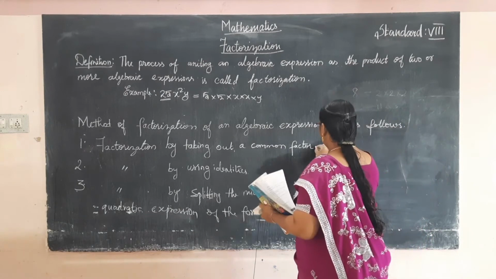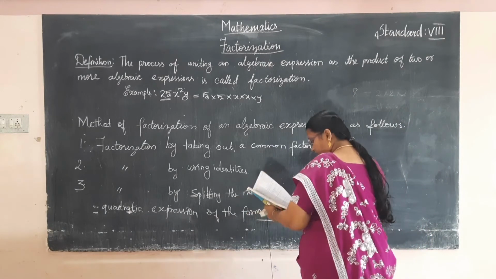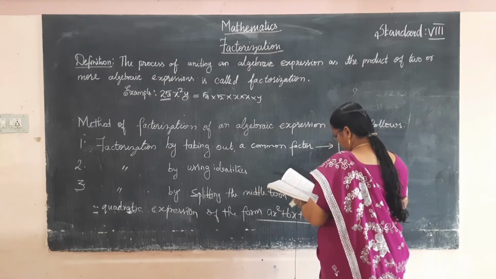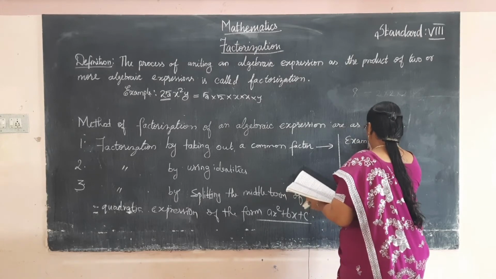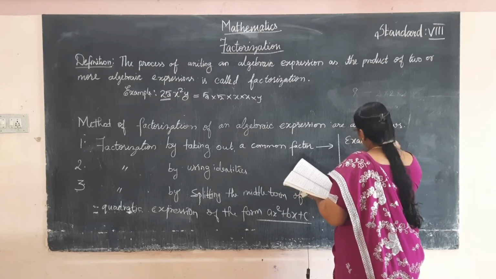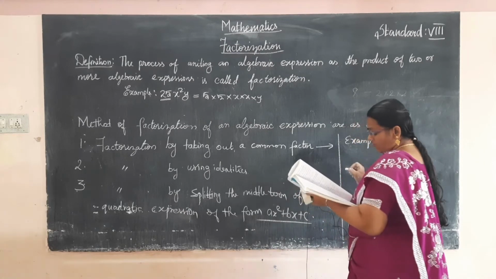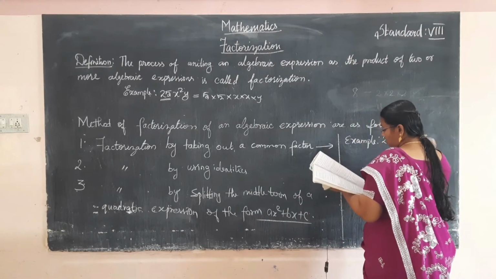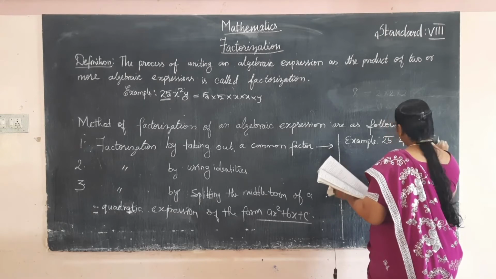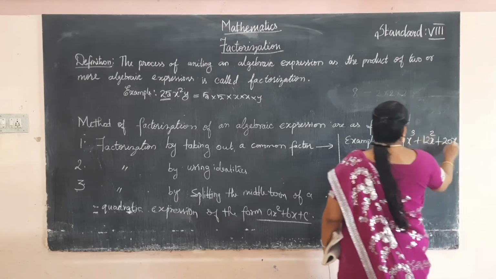Example 25. Factorize 4x power 3 plus 12x squared plus 20x.